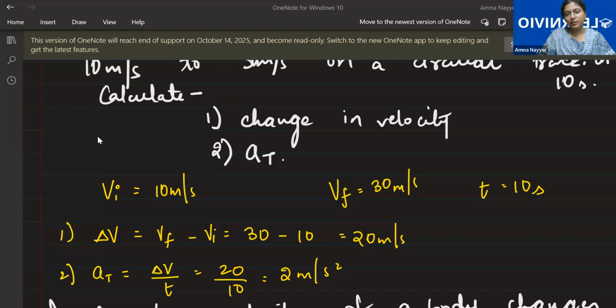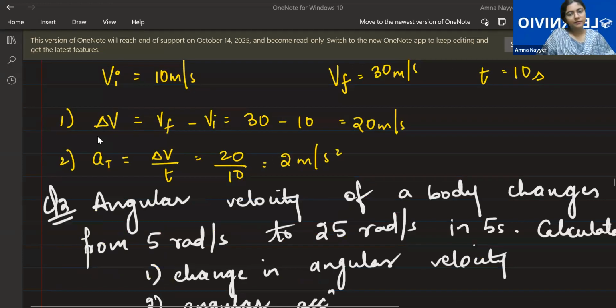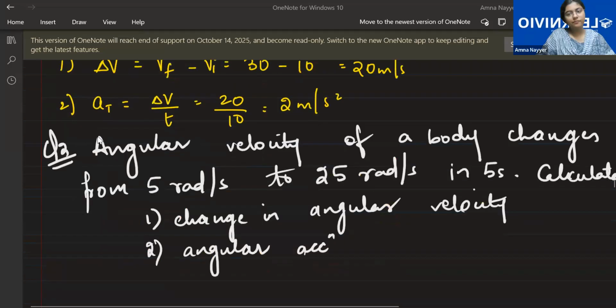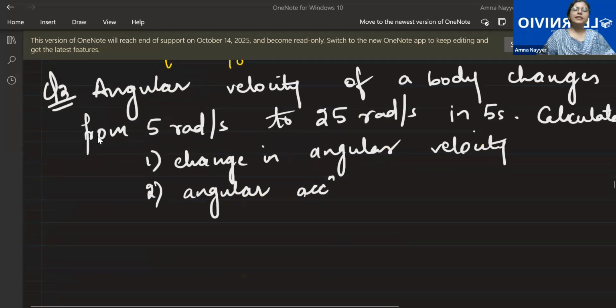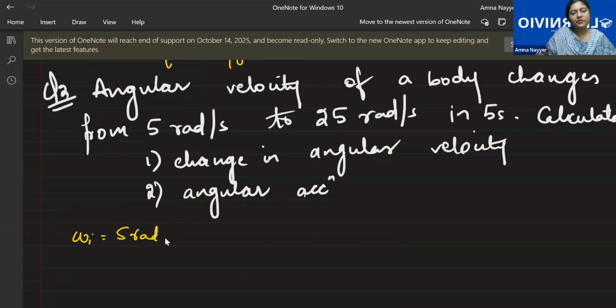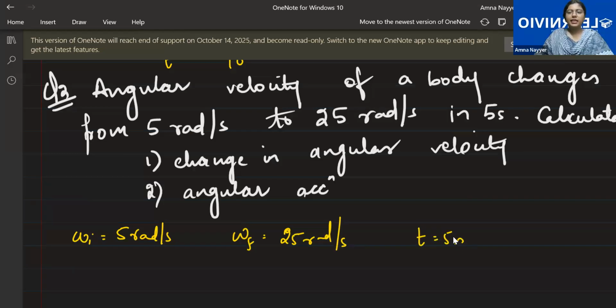Okay. Rest of you have also written? Yes, ma'am. Okay. See, this says the angular velocity of a body changes from 5 radian per second to 25 radian per second. It means initial angular velocity is given as 5 radian per second, final angular velocity is given as 25 radian per second, and time is given as 5 seconds.